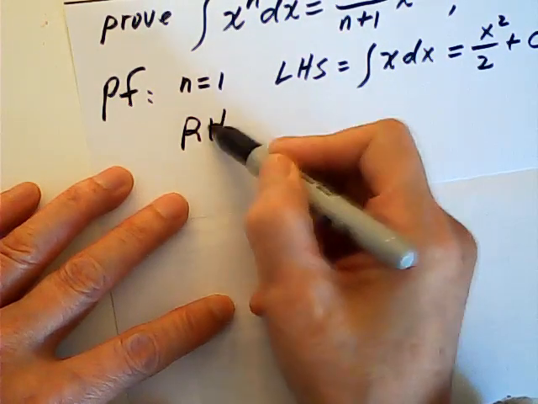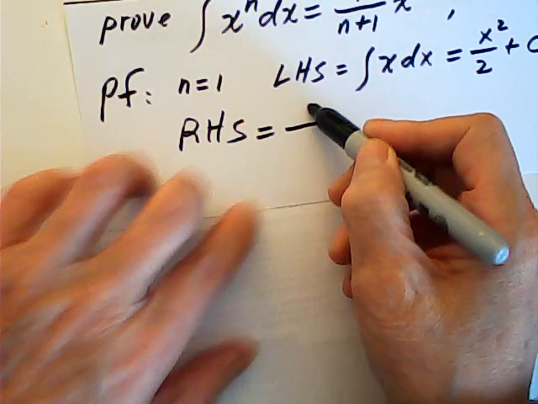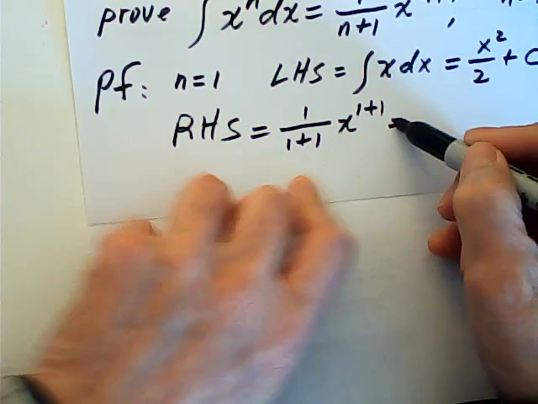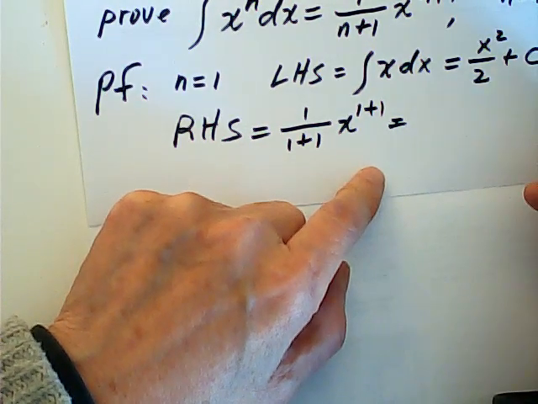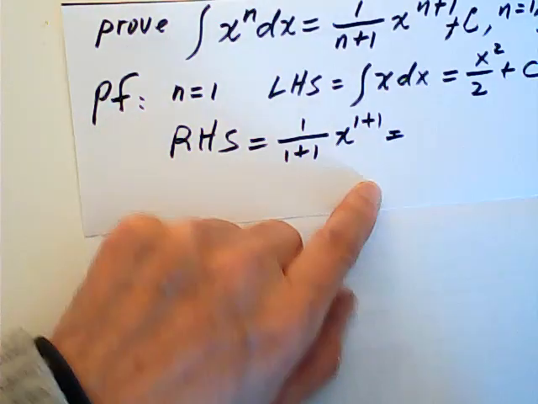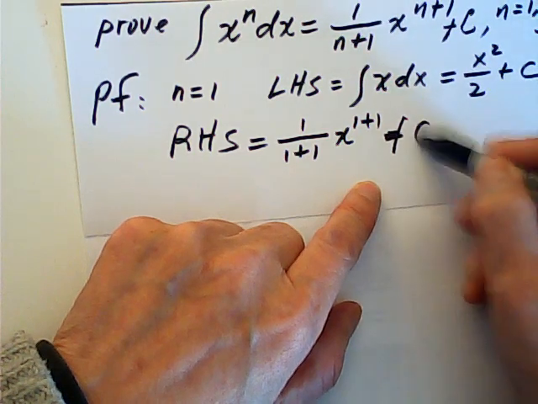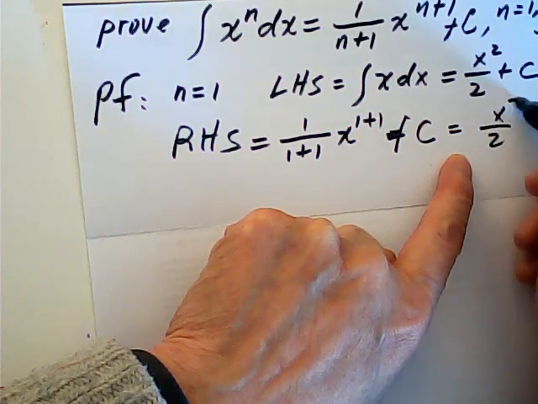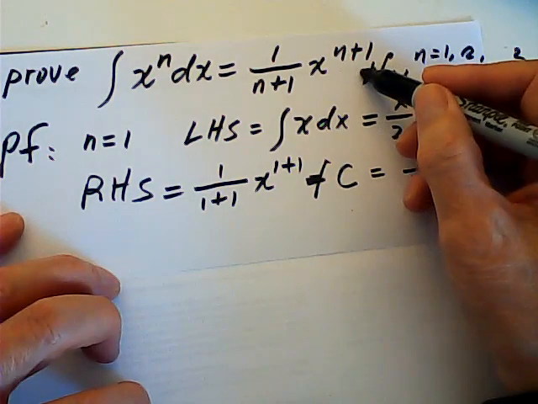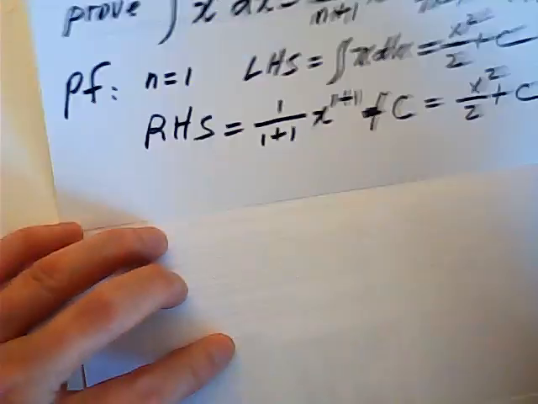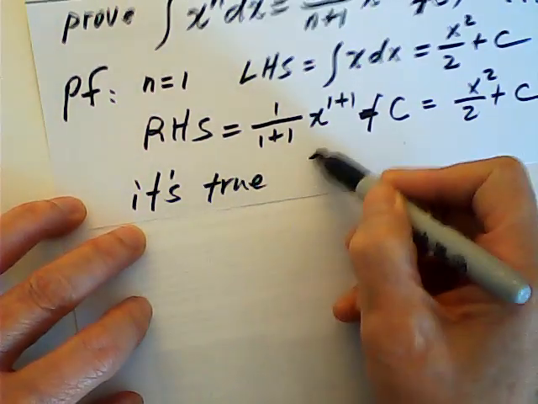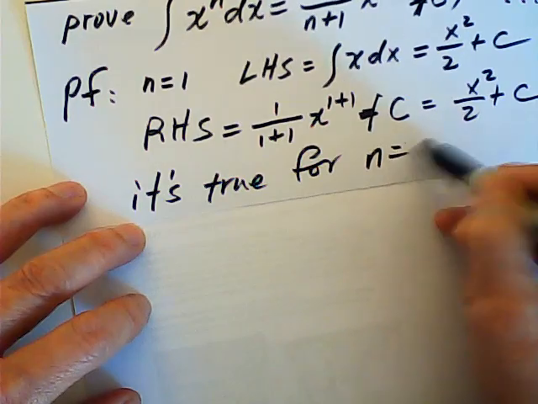Now the right hand side is equal to 1 over 1 plus 1 times x to the power of 1 plus 1. I forgot a c, yeah? Plus c. Plus c is equal to half x squared plus c. So this means that it is true for n equal to 1.